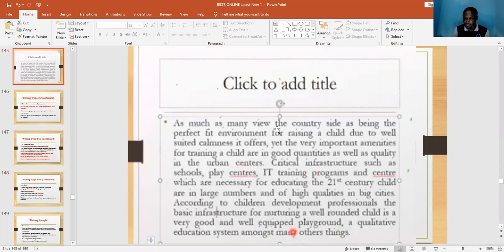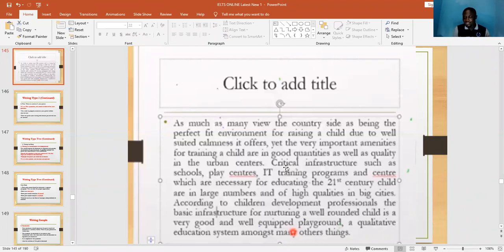And you will see that in the first sentence here, I introduced the idea that city centers have better amenities. Okay, and now in the second sentence, I am illustrating my idea. I said critical infrastructure such as schools, play centers, IT training programs and centers which are necessary for educating the 21st century child are in large numbers and of high quality in the big cities.